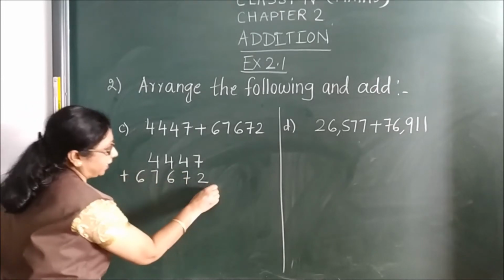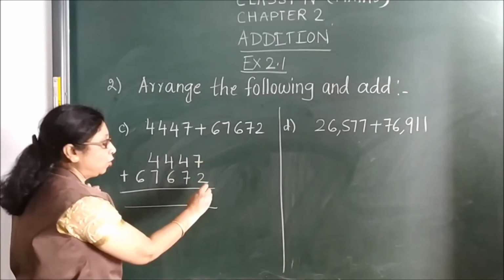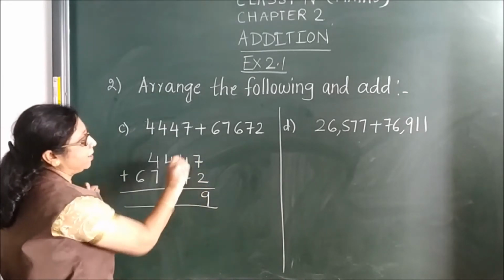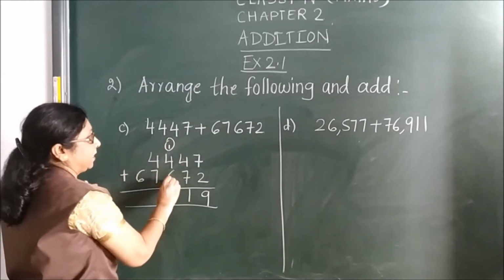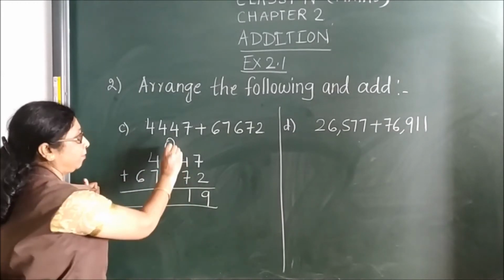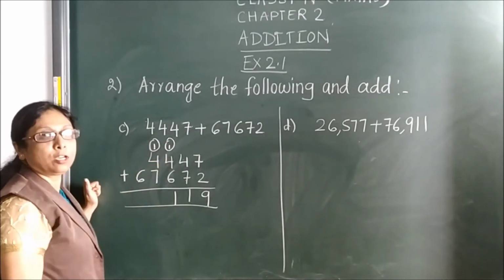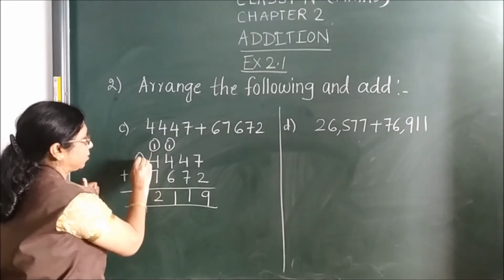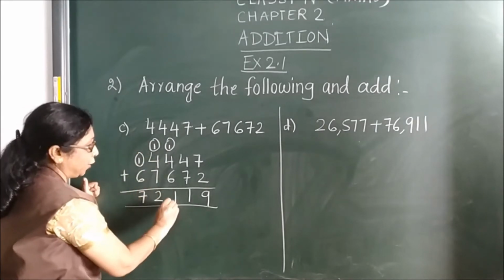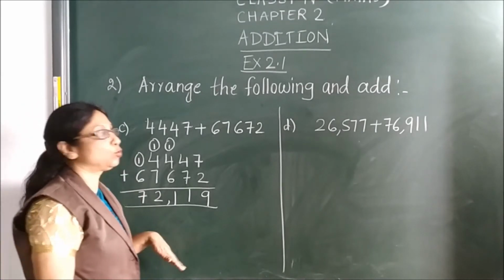After writing then add 7 plus 2, 9, 7 plus 4, 11, 6 plus 4, 10, plus 1, 11, 7 plus 4, 11, 12, 6 plus 1, 7. Then you can place the comma as per the Indian system, that is 3 to 2.